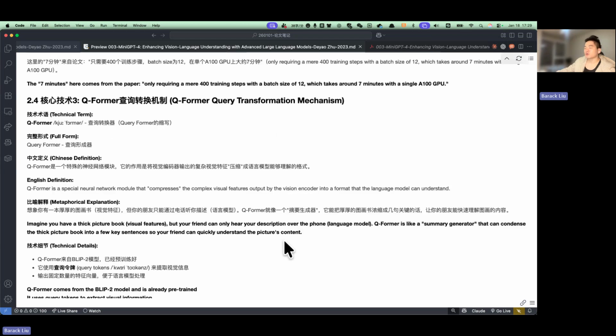Imagine you have a thick picture book, which is the visual features, but your friend can only hear your description over the phone, which is the language model. Q-Former is like a summary generator that can condense the thick picture book into key sentences that your friend can quickly understand the picture's content.